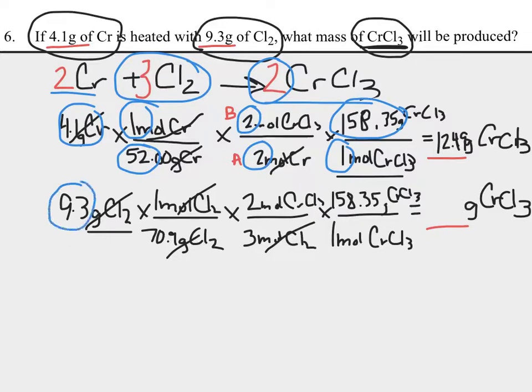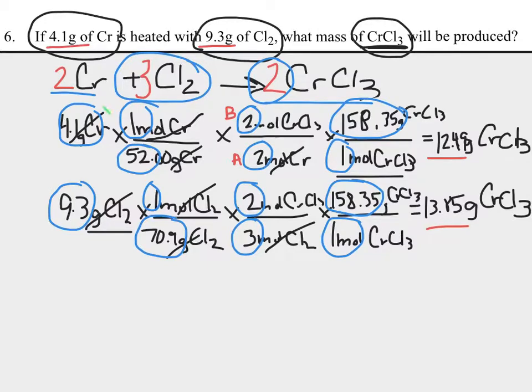So 9.3 times 1, divide by the bottom, divided by 70.9, times 2, divided by 3, times 158.35, divided by 1. When we do that, we end up getting an answer of 13.85 grams.